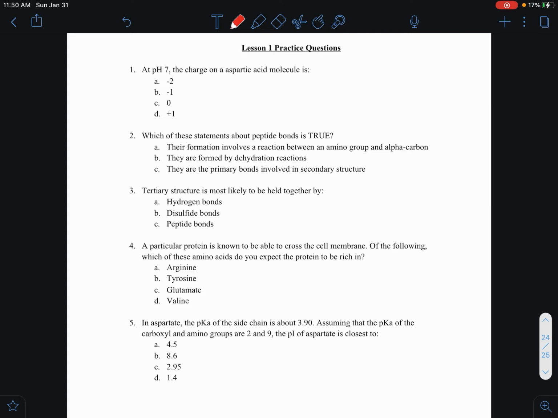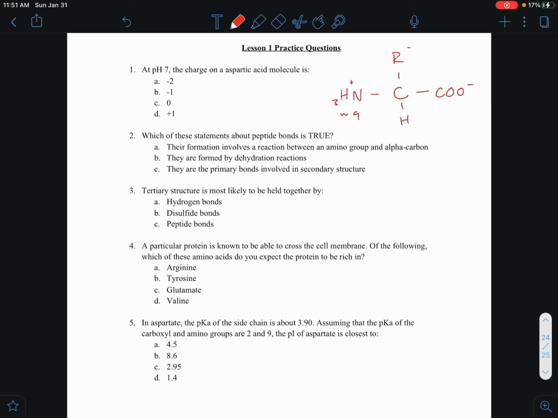So I guess the first thing to point out is that aspartic acid is an acidic molecule, meaning that at neutral pH, like a pH of 7, it will have a negative charge. Right? So going back to the C, and the R group, but we know it's acidic.